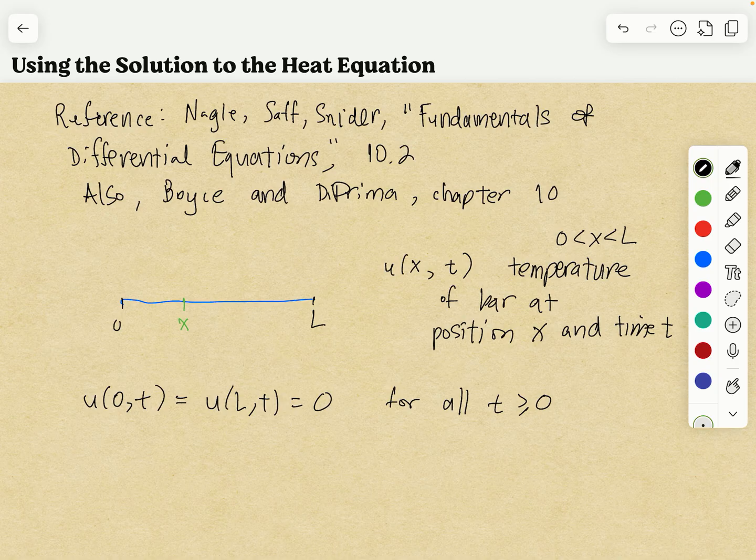So basically, we're assuming that the bar is always 0 degrees at the ends forever, right? It's never not going to be 0 degrees at the ends. It's always 0 degrees at the ends.